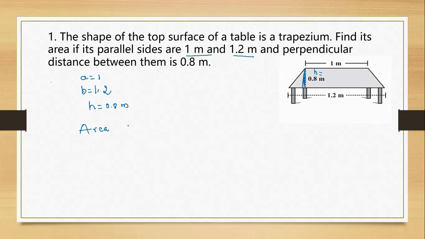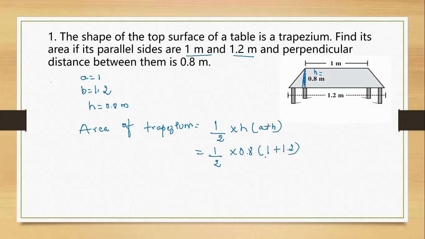We know the formula: area of trapezium is equal to half of its height into a plus b. So h into, 0.8 into 1 plus 1.2, then it is half into 0.8 into 2.2.